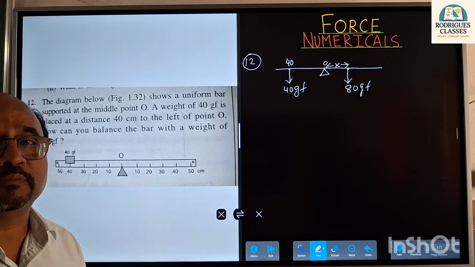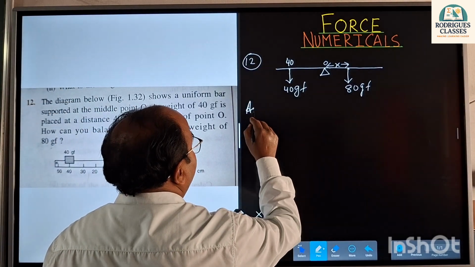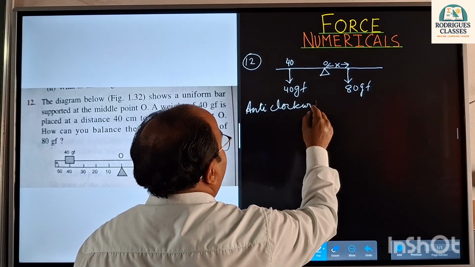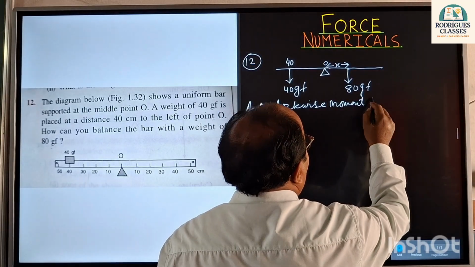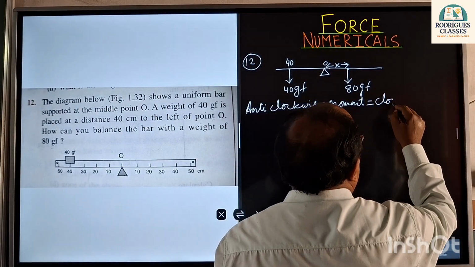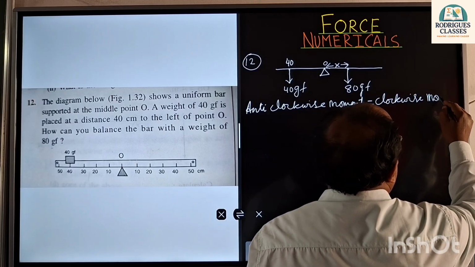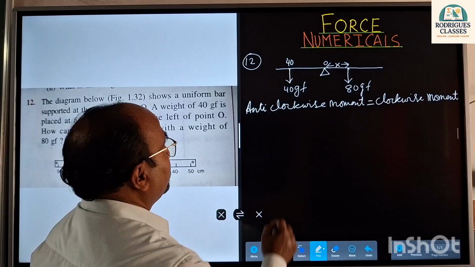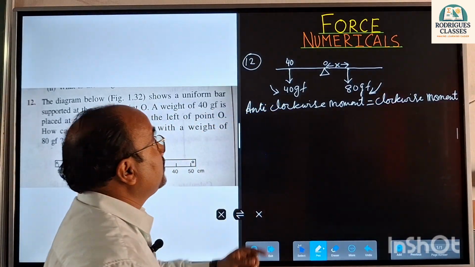Now we can apply the principle of moment. So I will write here anti-clockwise moment is equal to clockwise moment. So anti-clockwise is this one, which will be turning it anti-clockwise, and this one will be turning it clockwise.